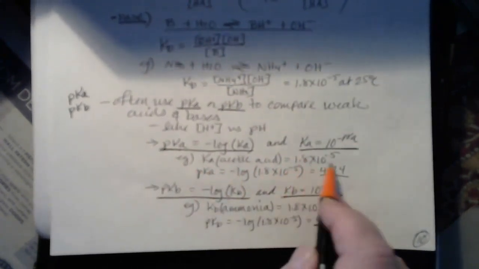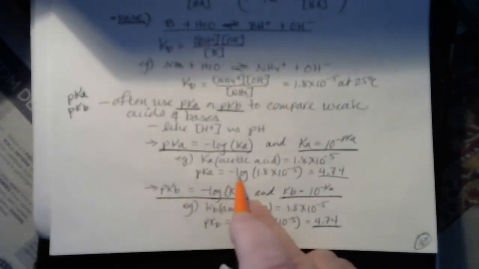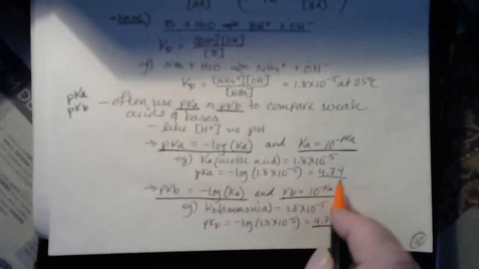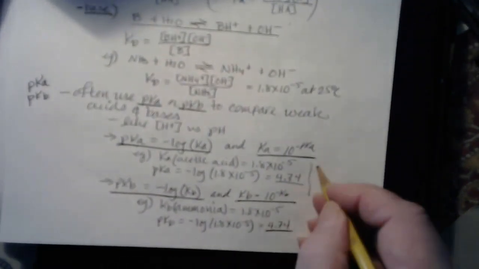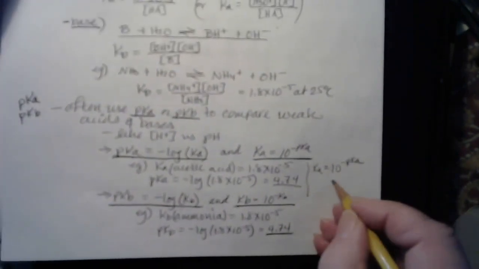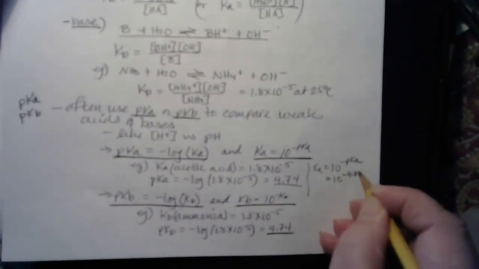So the Ka of acetic acid is 1.8 times 10 to the minus 5, and the pKa of acetic acid would be the negative log of 1.8 times 10 to the minus 5, which is 4.74. And something I didn't think to write in, but I will now, is if you have the pKa and you want the Ka, that's just 10 to the minus pKa. For acetic acid, that's going to be 10 to the minus 4.74.